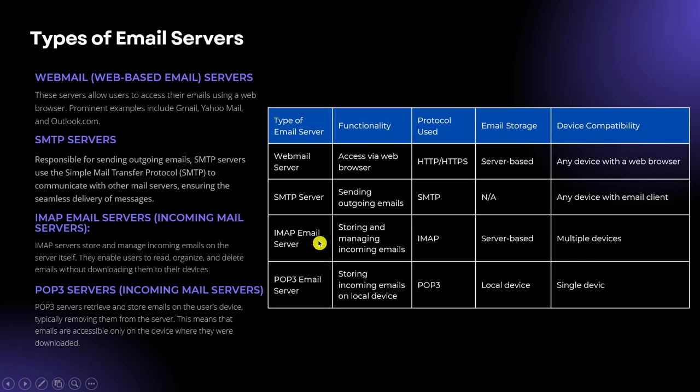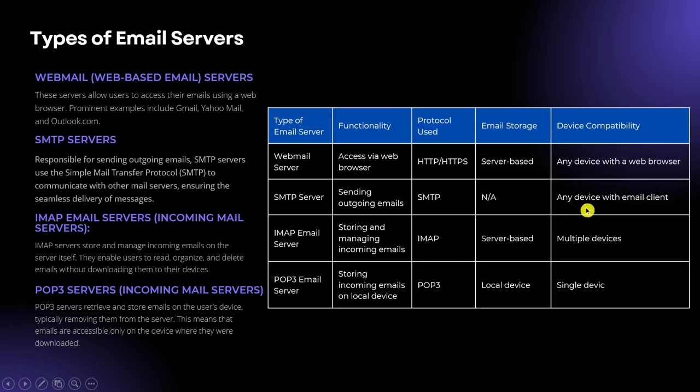If you talk about these functionalities, you can see there are several differences between these types of mail servers. The webmail server is generally accessed via the web browser, the protocols used are HTTP and HTTPS, and its storage is server based. For compatibility, if you have any device with internet or network connectivity, you can access the webmail. The SMTP server is generally used for outbound emails, and the protocol used is SMTP.